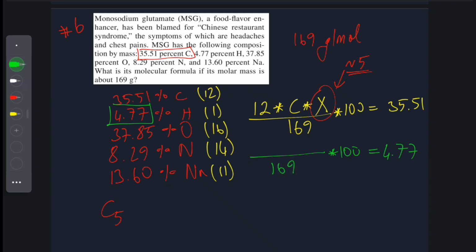So the molar mass of the molecule is this. The molar mass of hydrogen is 1, and again I will put X here. If you make the calculation, this value becomes close to 8. So there are 8 hydrogens.